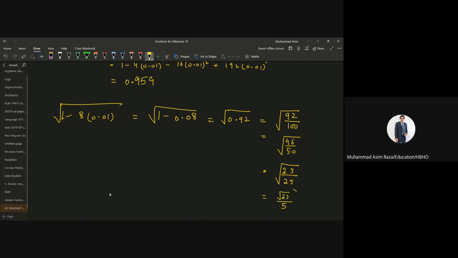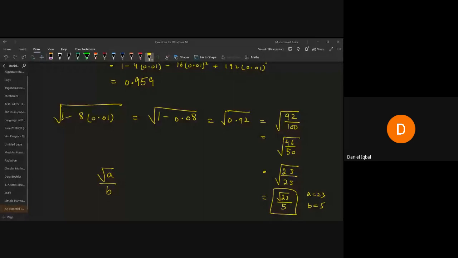So this is the right answer. We'll say that a is equal to 23 and b is equal to 5, because he says to write down the answer in the form of square root a over b. Yeah, that's the right answer. Okay, I understand. Understand now? Yeah. That's lovely.